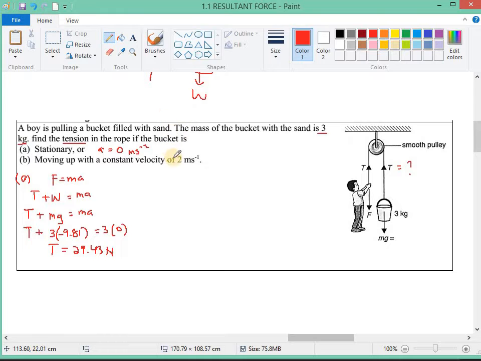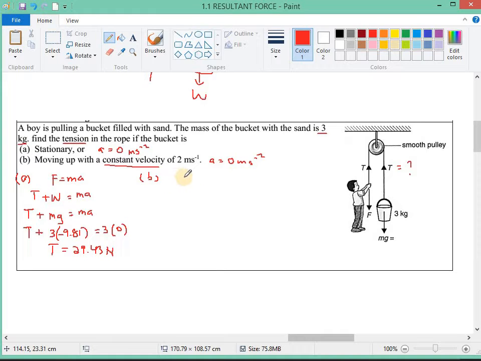Okay, acceleration 0. Now part B, moving up with a constant velocity of 2 meters per second. You see, it says moving up with constant velocity. So that means the acceleration is still 0 meters per second squared.